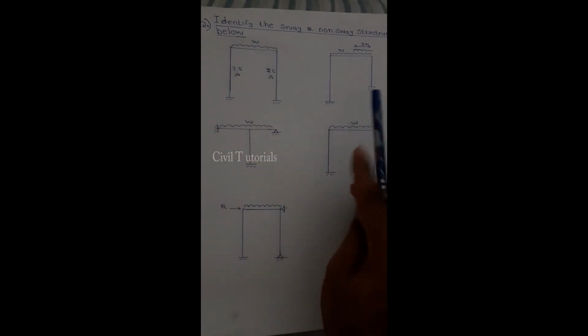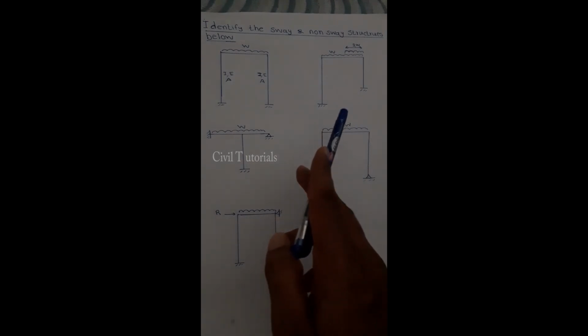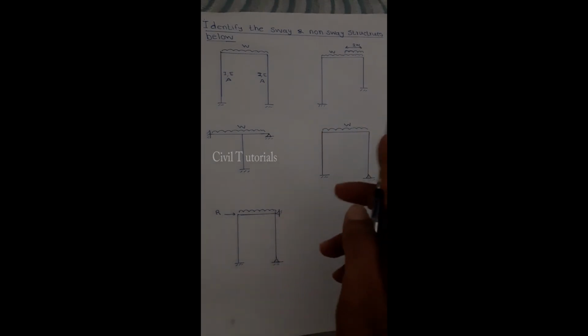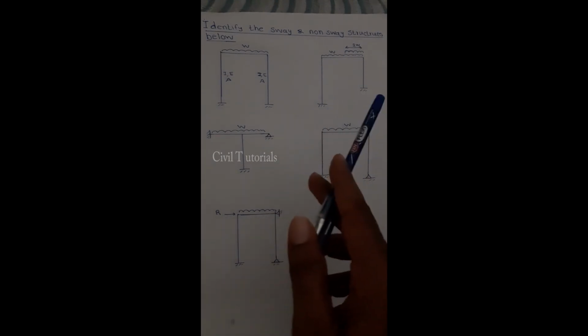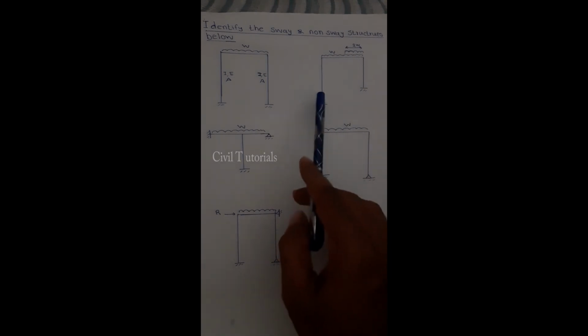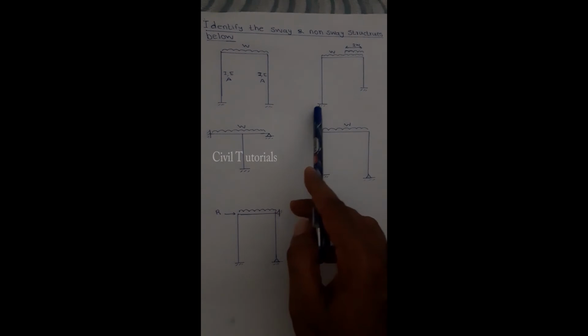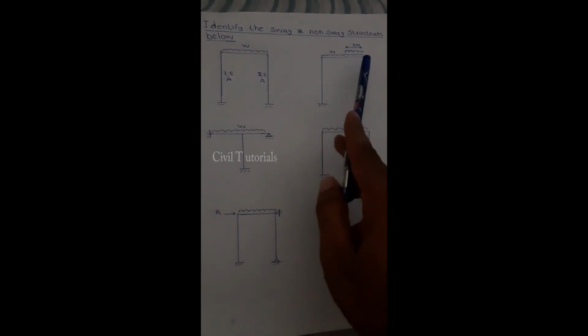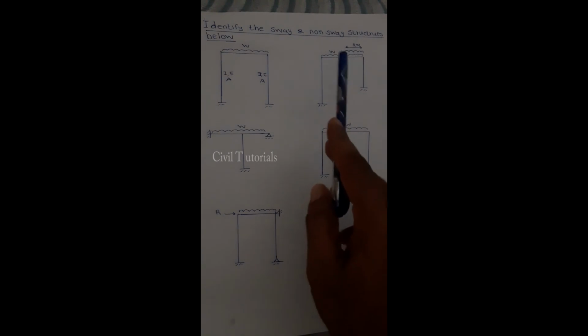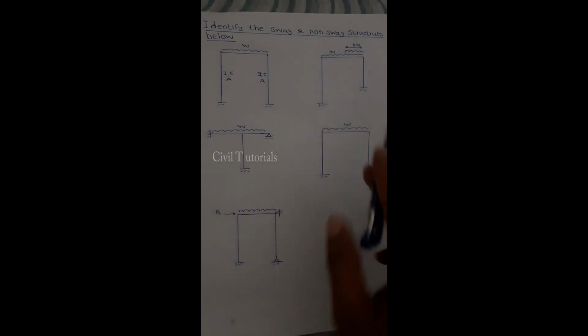In the second illustration, we can say it sways, because it violates the first criterion about the columns, and it also violates the second criterion about loadings. It is non-symmetrical in the characteristics of the columns here and also the characteristics of the loadings here.